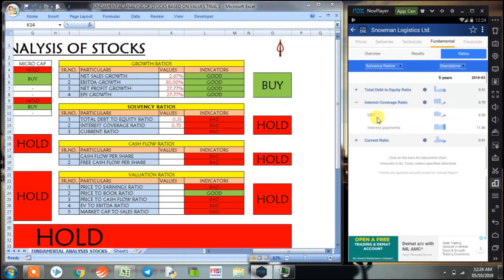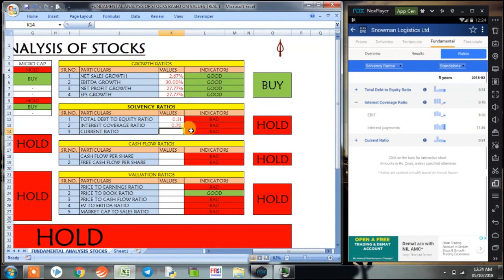Now here you could see the EBIT is 8.3 crores, that is what they have earned before income tax, whereas the interest that they are paying is 11.86 crores. So the difference amount is actually being shelled out from the pockets and not from the business. So that is also not good.